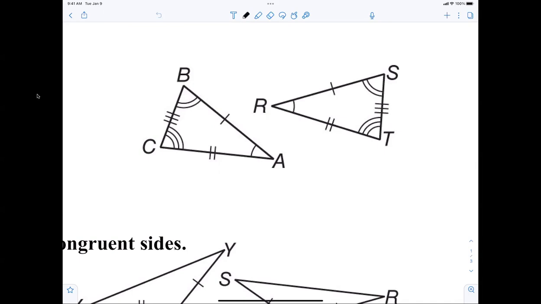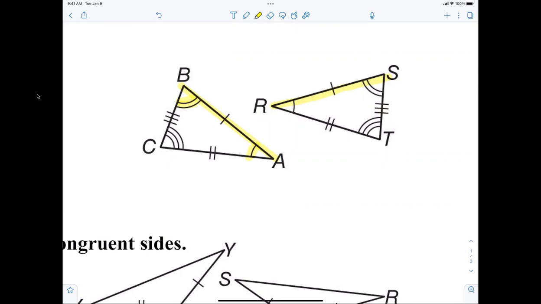From A to B, I went from 1 tick mark to 2 tick marks. Everybody agree with that? So I have to go from 1 tick mark to 2 tick marks. So if you put AB corresponds to SR, you are wrong. There's a few little details you have to be careful of.